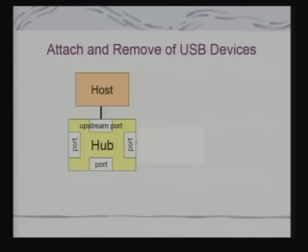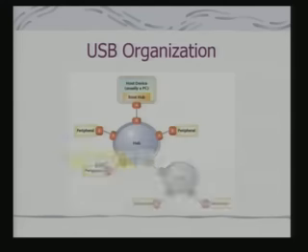If the device is removed, the port actually gets disabled, and the host removes the indicator, and the host therefore can sense automatically whether the device is removed or not. So, this USB organization we have also seen in the last class.